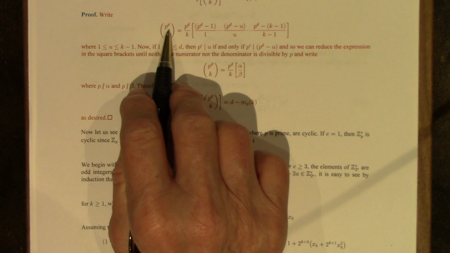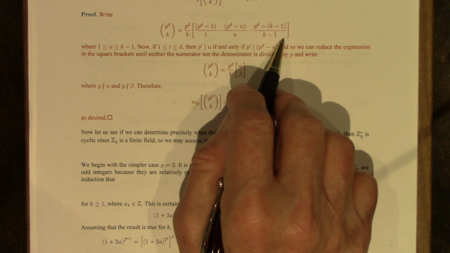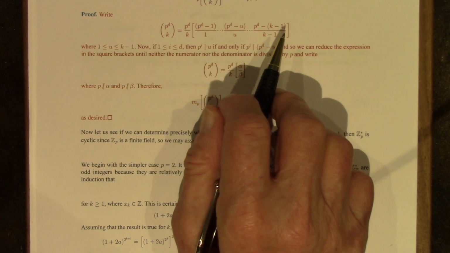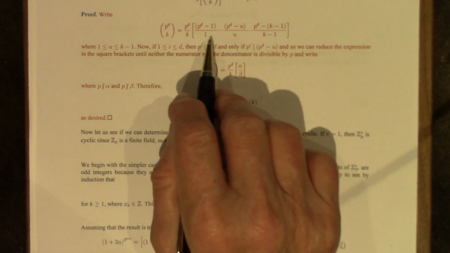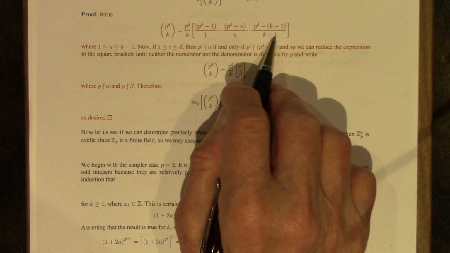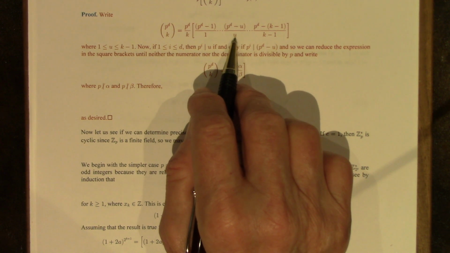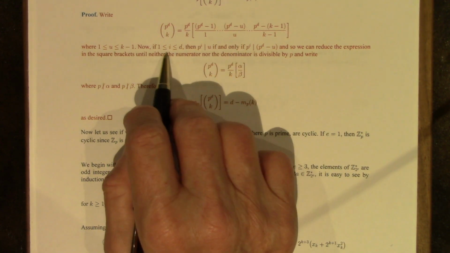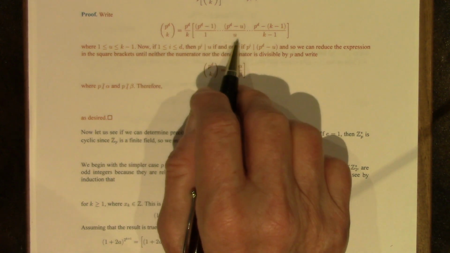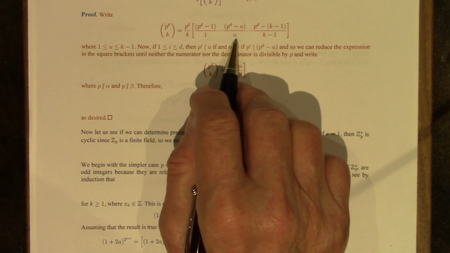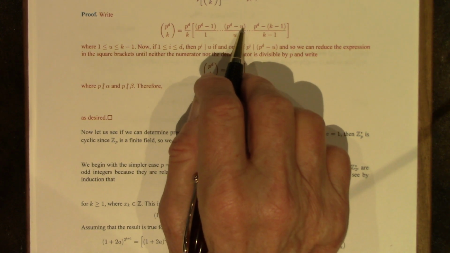The binomial coefficient p to the d choose k is equal to this when you write it all out. And if u lies between 1 and k minus 1, then for any i in the range from 1 to d, p to the i will divide u if and only if it divides p to the d minus u.